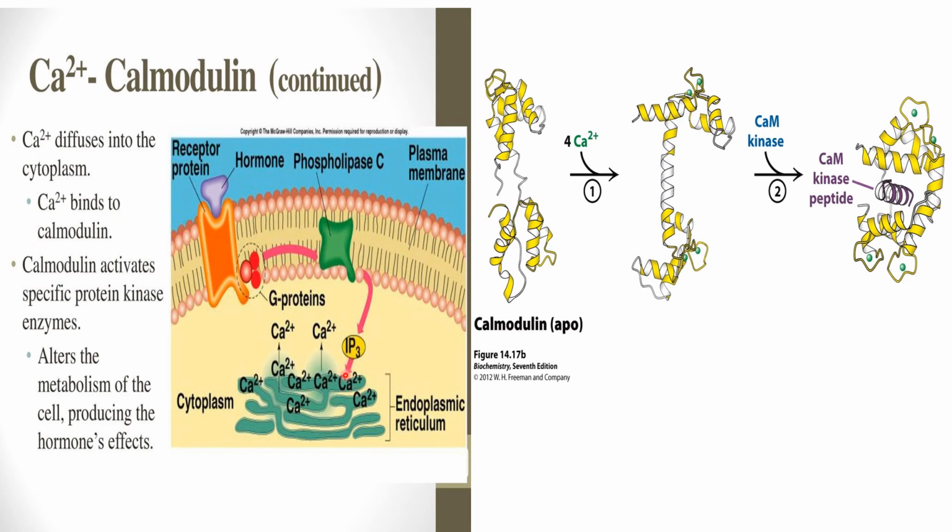IP3 then targets a calcium channel on the smooth endoplasmic reticulum, and when IP3 binds to the calcium channel, it will open, and calcium present in the endoplasmic reticulum will be effluxed. So this is the main function of IP3, calcium efflux.